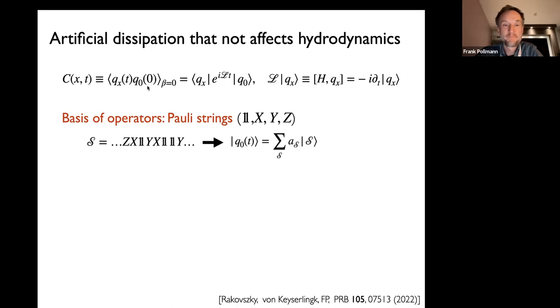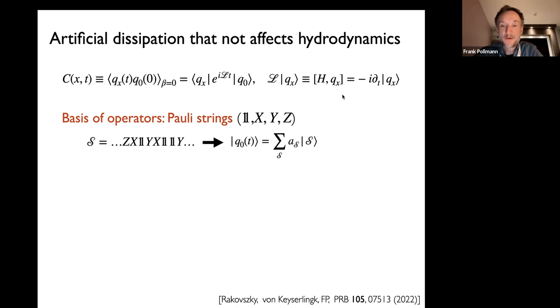We take some operator Q acting at site 0 at time 0 and correlate it with some other operator at site X at time t. And from this, or even from the autocorrelation function itself, we can estimate the diffusion constants. And this we calculate in the Heisenberg picture.